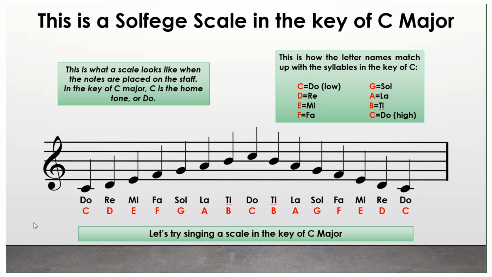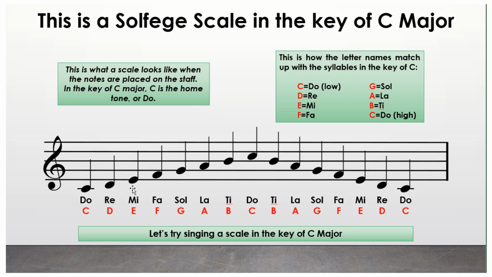This is what a scale looks like when the notes are placed on the staff. In the key of C major, C is the home tone, or do. You'll see here, C in treble clef, low C, is the line note located beneath the treble clef staff. One step above that, in the space below the staff, that's re.